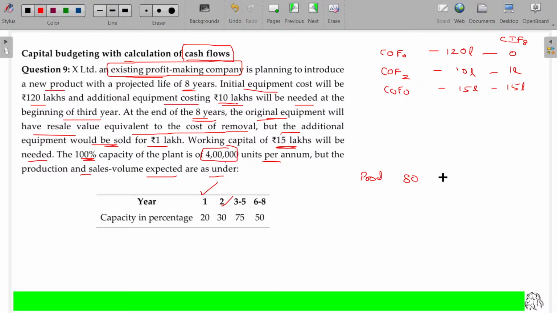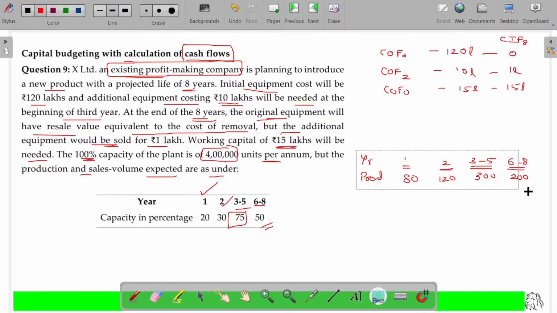Second year, 30% means 120,000 units. This is year 1, this is year 2. From year number 3 to 5, the plant is operated at 75% capacity, means 300,000. And from year 6 to 8, the plant is operated at 50% capacity. Again, capacity reduced here, 200,000. Is that clear?